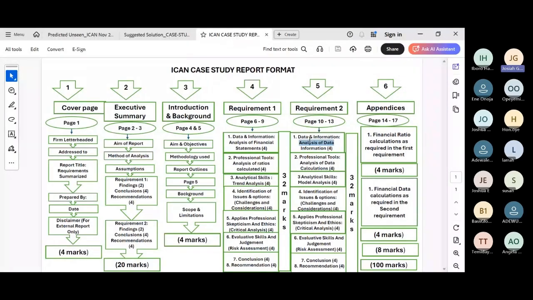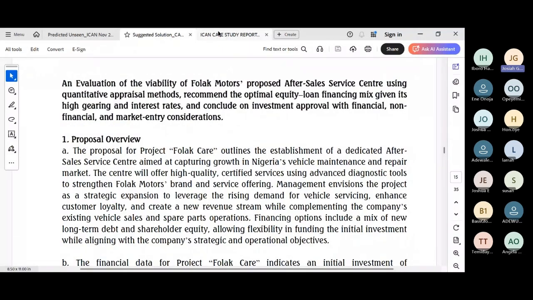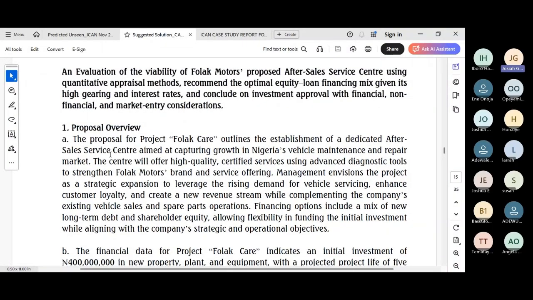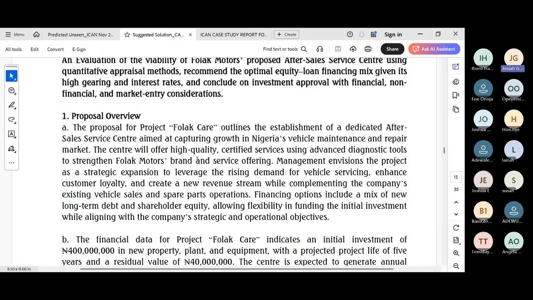So for data and information, it's not necessarily financial statement overview or something. It could be proposal overview or project overview, whatever it is you were asked on requirement 2, use it as your headers and subheaders. So I used proposal overview here to say, based on the exhibits, that Folak here outlines the establishment of a dedicated after-sales service aimed at capturing growth in Nigeria's vehicle maintenance and repair market.